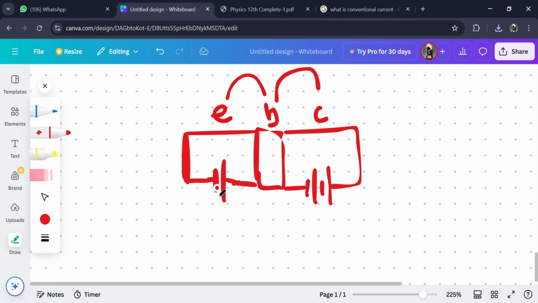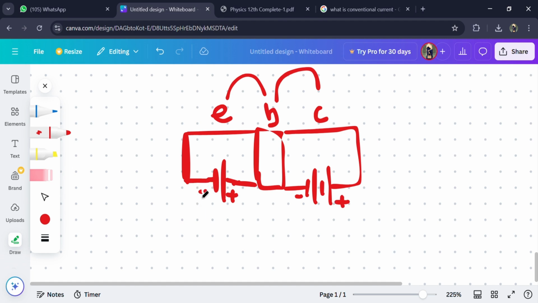Now, if you look at the potential system, the direction or polarity of the attached potentials, I have attached the negative terminal here and the positive terminal there, and here the negative terminal, and this one is the positive terminal.